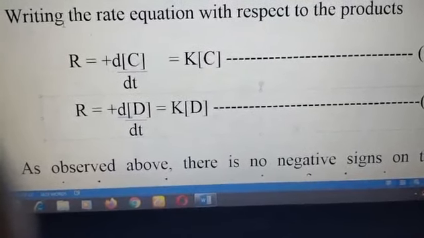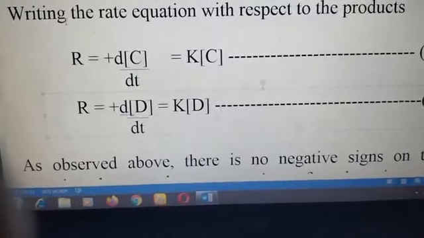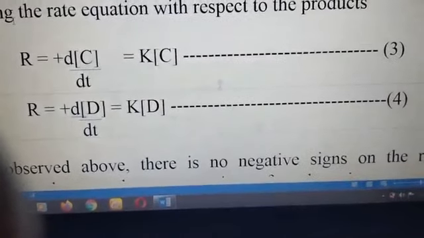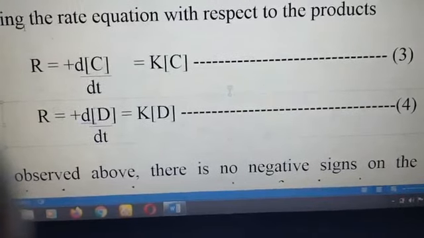The square bracket with the substance inside it means concentration of that substance. Then dt means change in time. So rate is proportional to concentration. We now have concentration on the other side with the rate constant multiplying it.